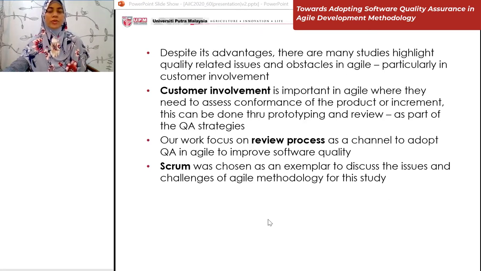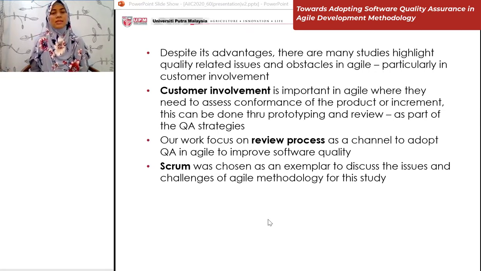This can be done through prototyping and review as part of the quality assurance strategies. So our work focuses on the review process as a channel to adopt quality assurance in Agile to improve software quality. Scrum methodology was chosen as an exemplar to discuss the issues and challenges of Agile methodology for this study.